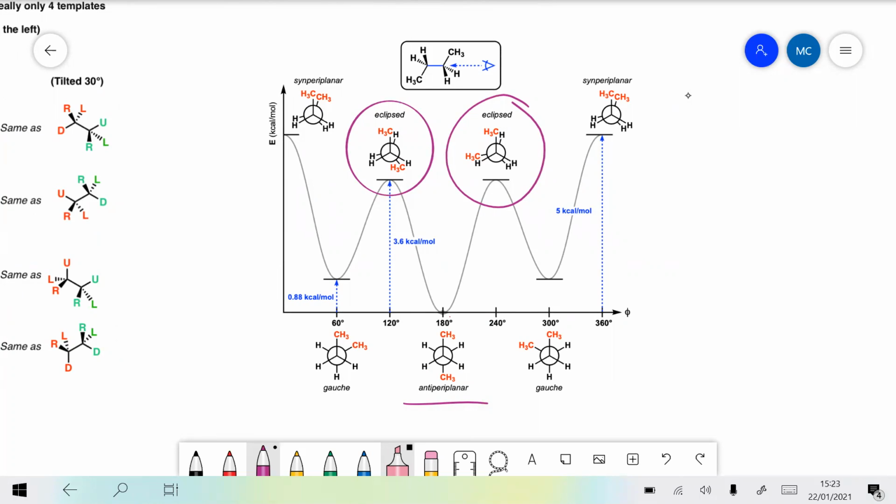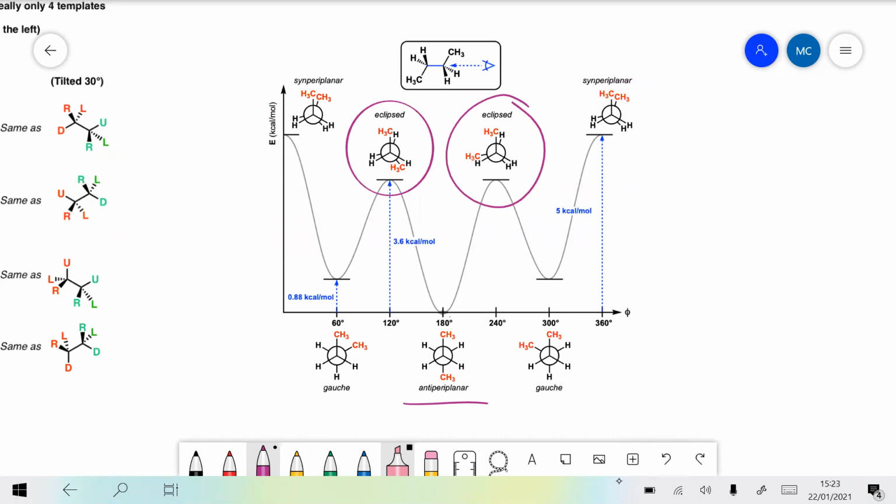Another 60 degrees, and we'll end up in another gauche form, which is the same as the first gauche form, but now we're going to see what happens when you have three different groups, okay? And then we're going to have the starting product, and these two are the same, okay?